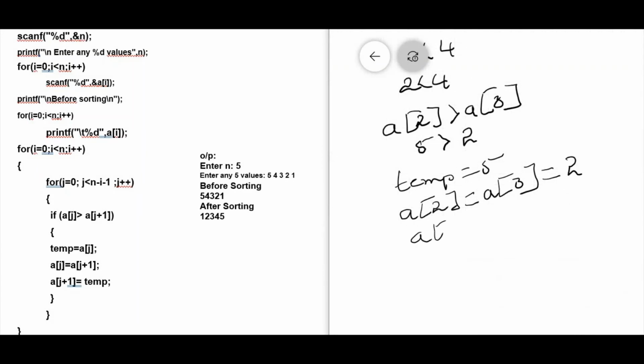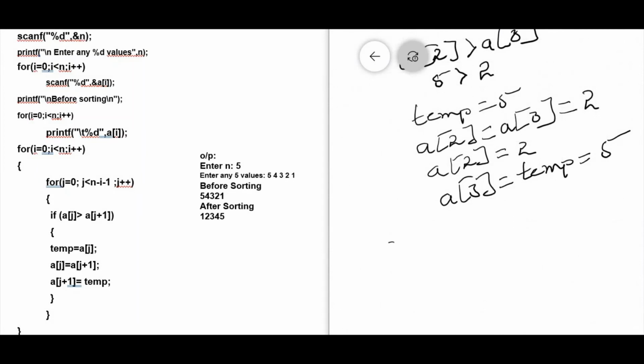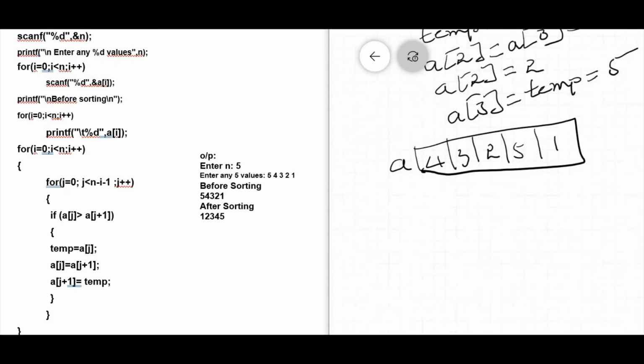So A of 2 will now contain 2, whereas A of 3 will contain the temp value, which is nothing but 5. Right. So by the end of this iteration, the content of the array will be 4, 3, 2, 5 and 1. Right.